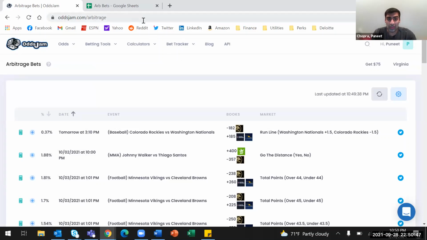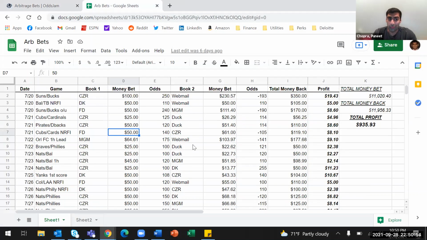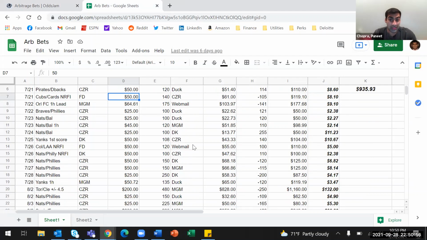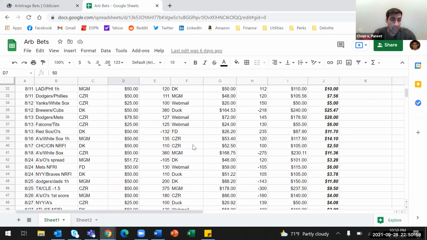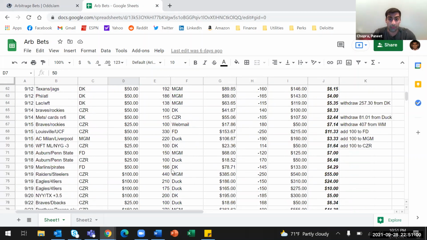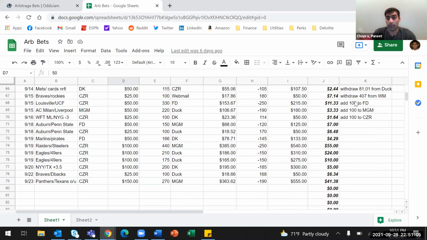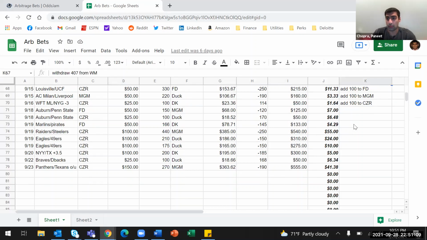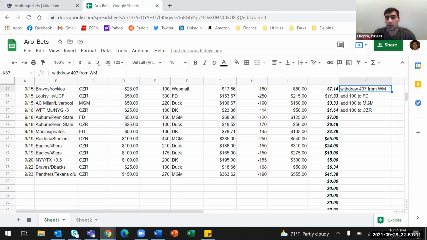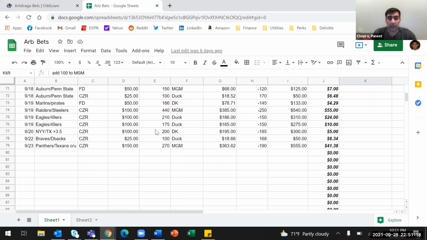So I did mention that I was arbitrage betting before this, and what I would do before the tool was sit here, crunch these numbers myself, and then input all of this information myself, as well as saying, okay, I just withdrew $400 from William Hill, which is now Caesars, or I would add $100 to FanDuel, add $100 to MGM. So it got too convoluted.